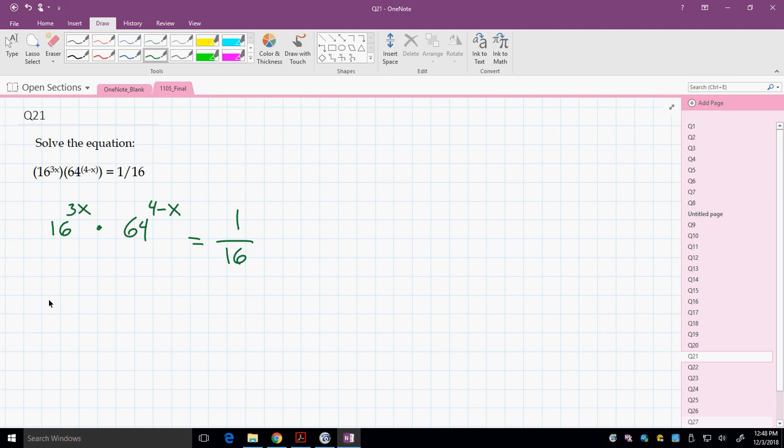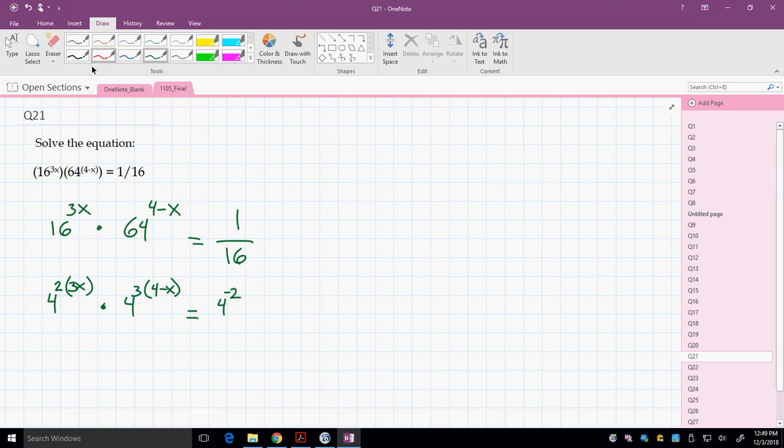I can rewrite 16 as 4 raised to the 2nd power, and I already have the 3x as an exponent, so they're going to be multiplying each other. And 64 is the same thing as writing 4 raised to the 3rd power, and I have to take care of the exponents that were already there. And 16, I can flip that fraction and say that it's 4. Because I flip it, the exponent has to be negative.